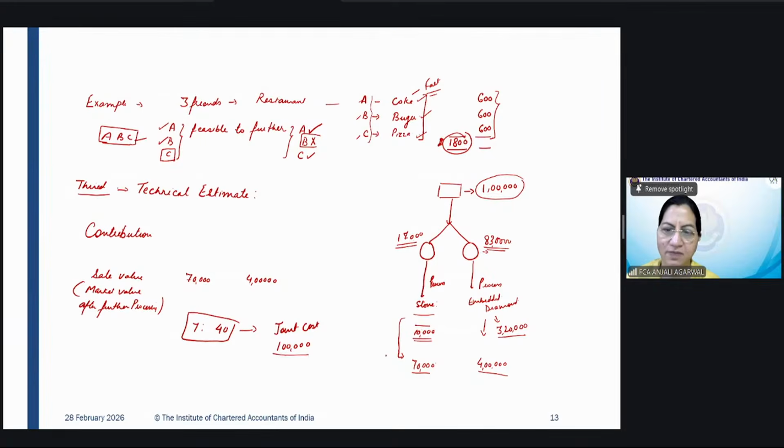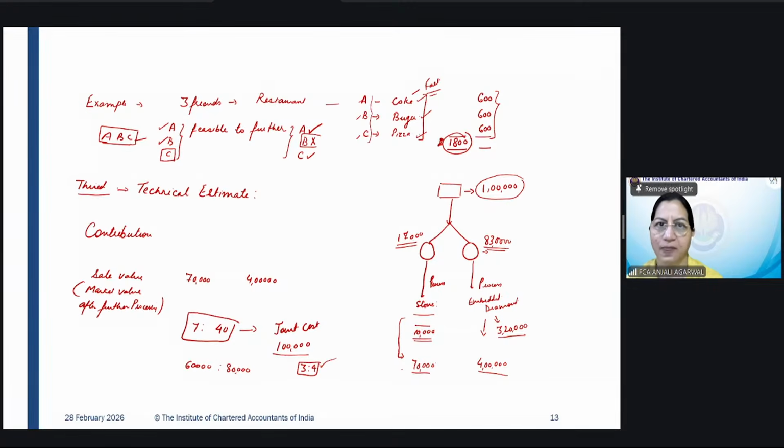The ratio becomes 70 minus 10, that is 60, and 4 lakh minus 320, that is 80. So it's 6:8 or 3:4. At least you are not grossly wrong. 17 and 83 is very wrong; 3:4 is at least closer.